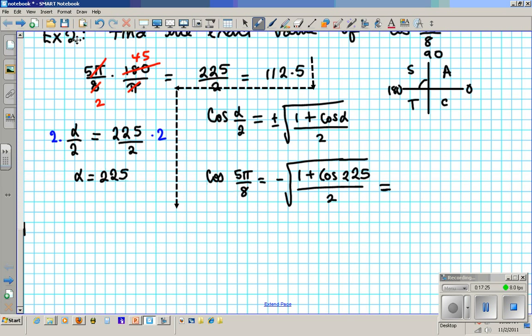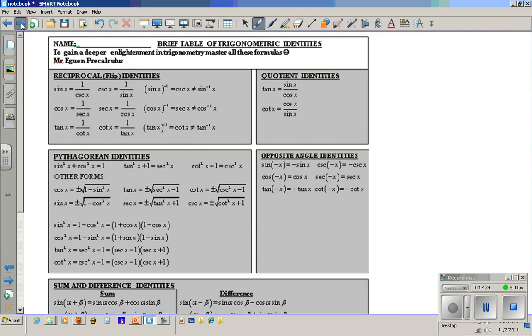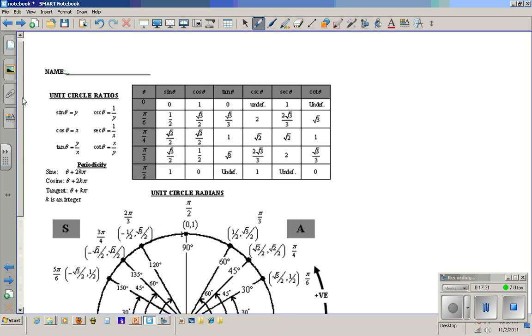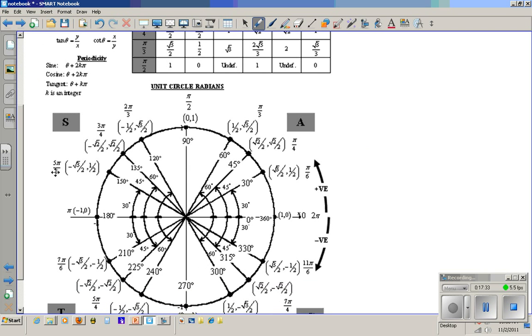So what is cosine 225? Let's refer back to our unit circle. At 225, we're looking at the x-coordinate, right? The x-coordinate for 225 is right here. That is the cosine, this is the sine, they're both the same. I just need the cosine, negative root 2 over 2. So that's the cosine right there. Okay? So let's use that.